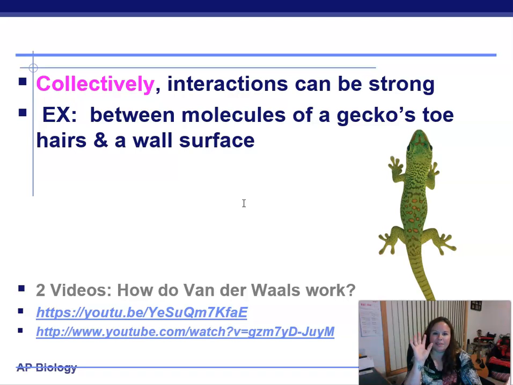It's like all of his atoms have kind of an opposites attract with the wall. He has millions of hairs to increase the surface area, so it makes it pretty strong to hold him up. He can walk up walls. So that's pretty much the weakest of our bonds. Again, covalent is the strongest, ionic second, then hydrogen bonds, and then van der Waals is fourth.